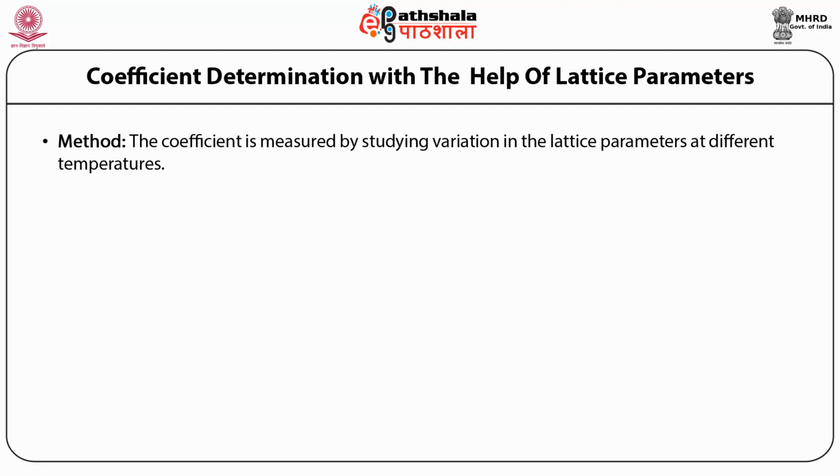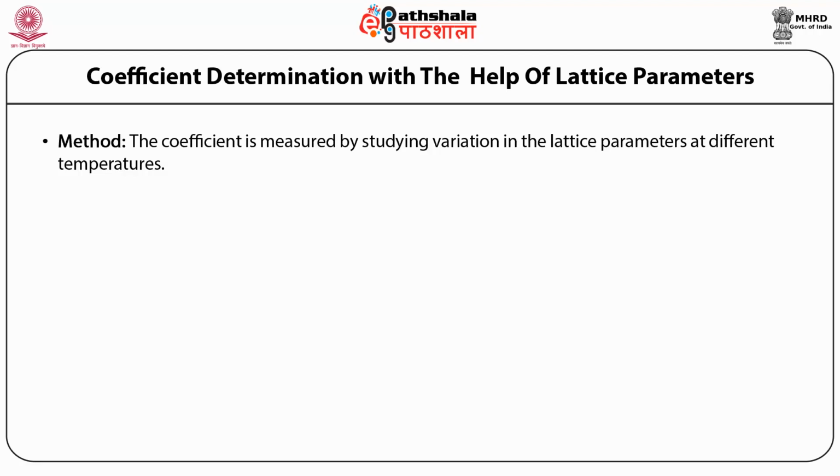This method states that the Q coefficient can be obtained as the ratio between the spontaneous strain and spontaneous polarization, that is Qijkl equal to Sij divided by Pi square, where Qijkl is the electrostrictive coefficient, Sij is spontaneous strain, Pi is the spontaneous polarization.